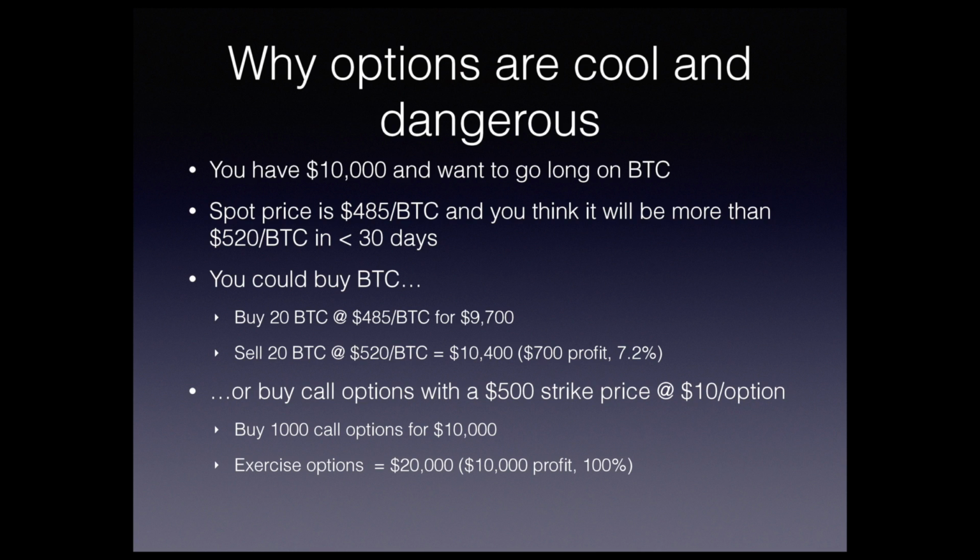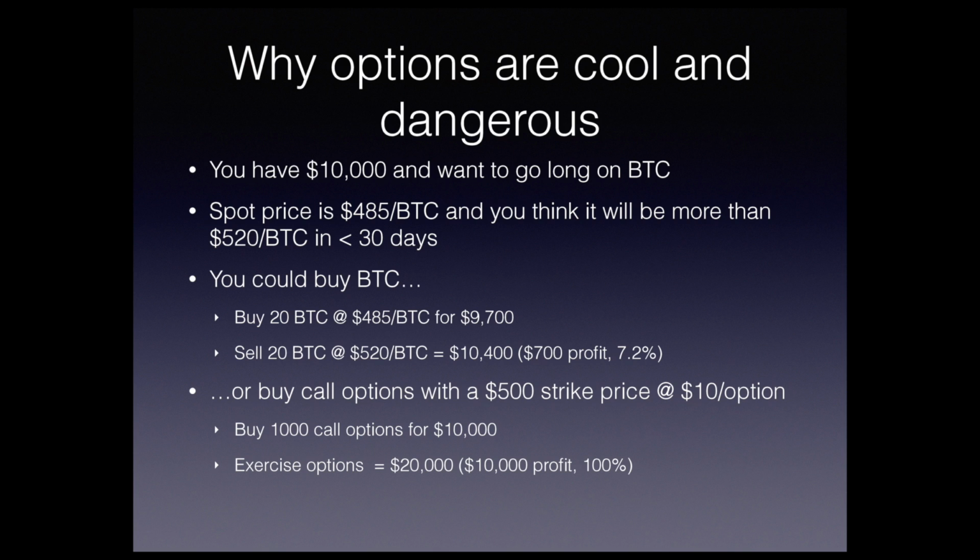Why options are cool and dangerous is the amount of leverage that they provide. So going back to this example that I started, if the spot price is $485 per Bitcoin, and you think it's going to be more than $520 per Bitcoin in, say, the next 30 days, you could do a couple of things. You could buy Bitcoin now and hold on to it, a buy and hold strategy, and then when you sold it, you would make a nice little profit.